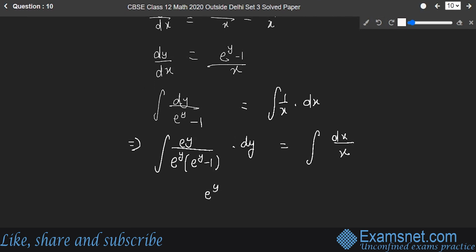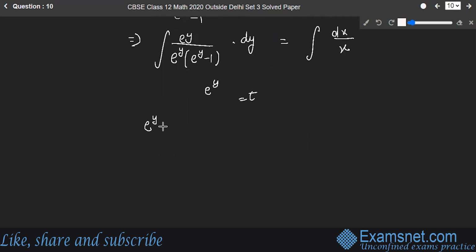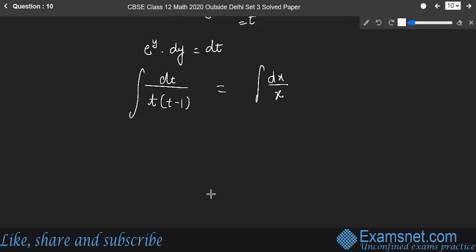Let's put e raised to power y is equal to t, or you have e raised to power y into dy is equal to dt. This will be dt upon t into t minus 1 is equal to dx upon x.